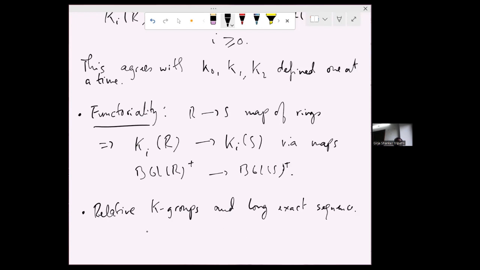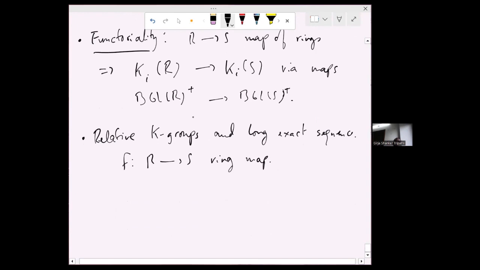Let's say we have again a ring map R to S, and we have this induced map of spaces, all of them connected, path connected.